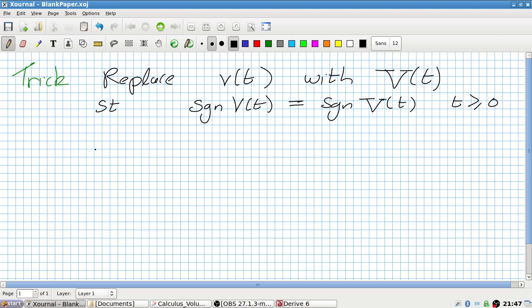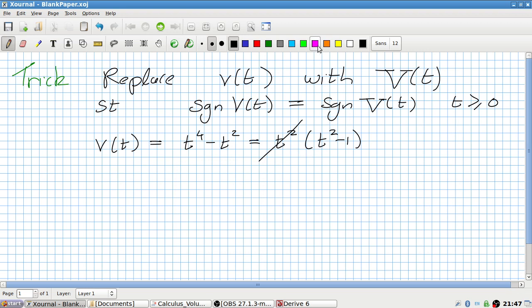For example, if you had something like b(t) equals t to the power 4 minus t squared, well, that's equal to t squared times t squared minus 1. You don't really need the t squared here, because that's not going to ever affect the sign.